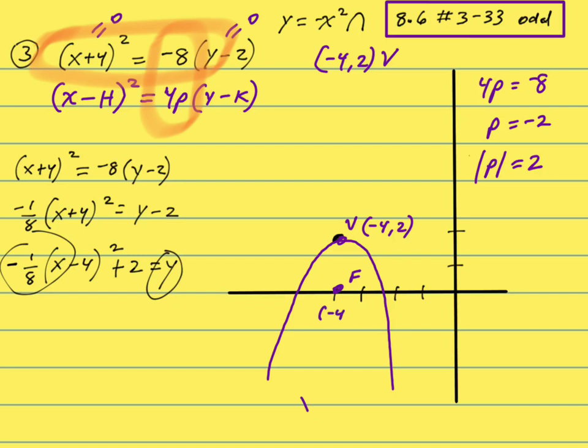Would that be at -4, 0? If I went 2 to the outside, that would make my directrix on the outside. And if I went 2 up from that y value of 2, that would make the directrix at y equals 4. I will ask for the vertex, the focus, and the directrix.